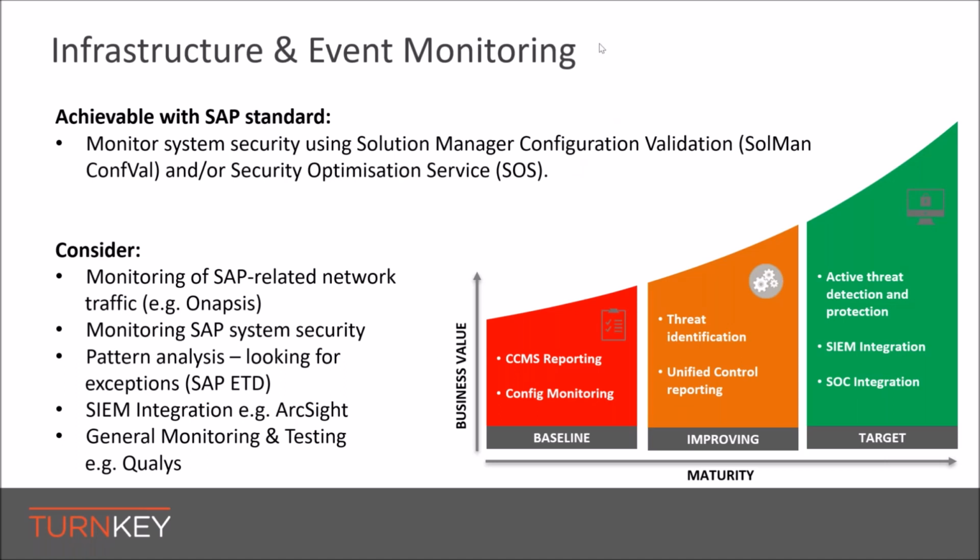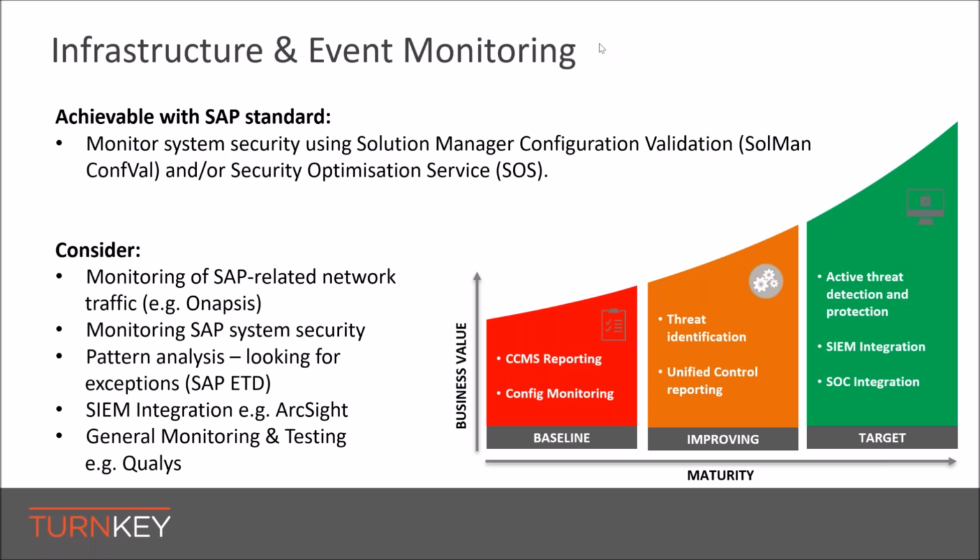So the next thing we need to consider is infrastructure and event monitoring. As before, there is a little bit that's achievable with SAP standard. So we can think about using the Solution Manager system here again. The config validation capabilities can do some things, and the security optimization service again is useful in that regard.